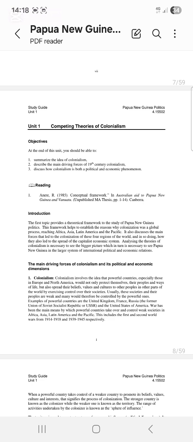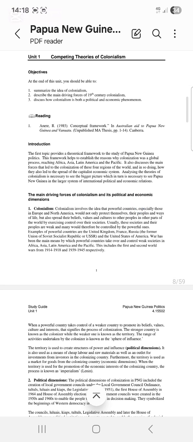So if you look at page 1, unit 1, we like to go through the objectives first. Number 1, after going through this unit, you must be able to summarize the idea of colonialism. Okay, what is colonialism?